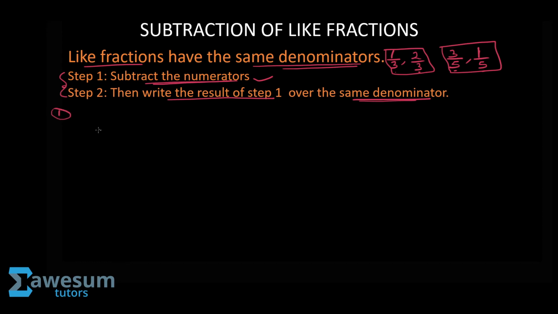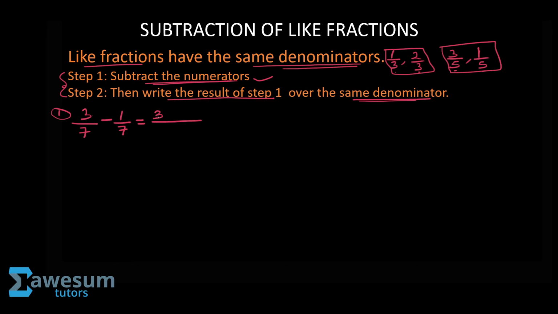First example is going to be 3 over 7 minus 1 over 7. If you look at this, you have common denominators, right? 7 is the common denominator. So in this case, what you want to do is to subtract the numerators, 3 and 1.